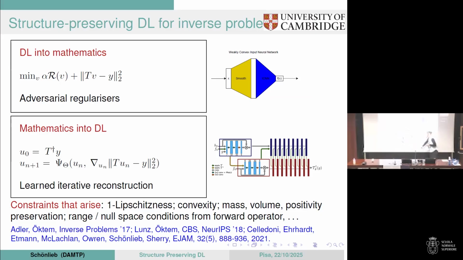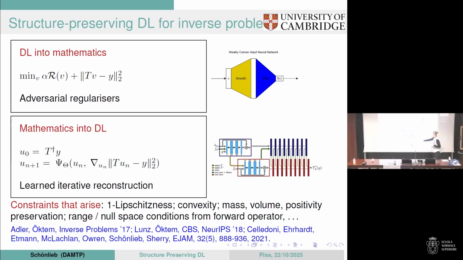What are the constraints that usually pop up if you do one or the other? So one, Lipschitzness is a big one that appears very often. Convexity is a nice one, especially if, again, the solution of your inverse problem in the end boils down to solving a variational problem.